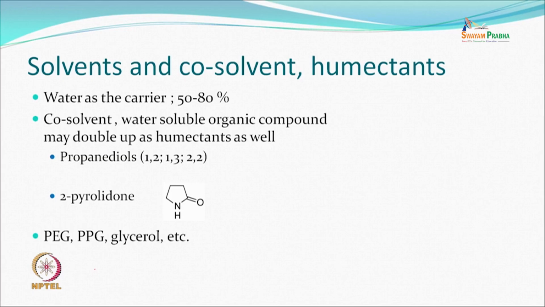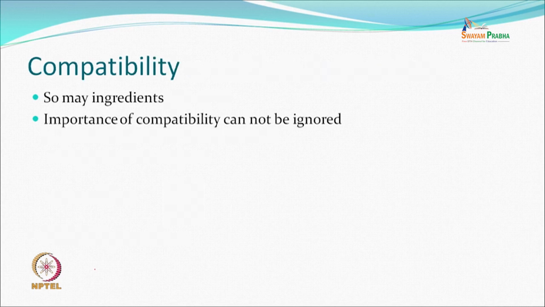For example, we just said propane diols or pyrrolidones, and polyethylene glycol, polypropylene glycol, glycerol, etc. may form another group of chemicals to be added. When we add so many chemicals, obviously we will be looking at the compatibility. It should not happen that because of one or the other there is coagulation, settling and breakup of the dispersion.